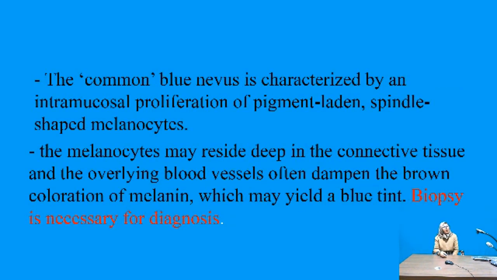The common blue nevus is characterized by an intramucosal proliferation of pigment-laden spindle-shaped melanocytes. The melanocytes may reside deep in the connective tissue, and the overlying blood vessels often dampen the brown coloration of melanin, which may yield a blue tint.